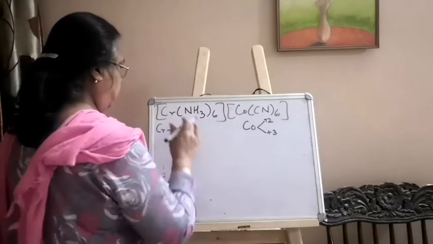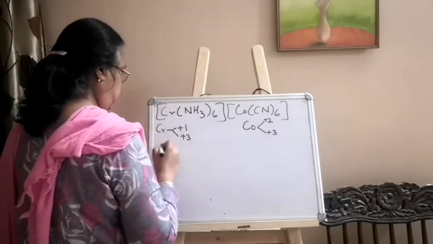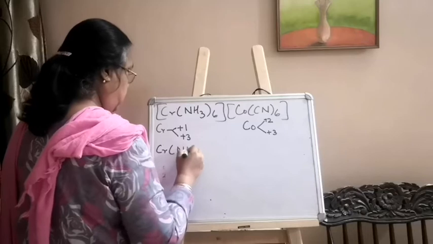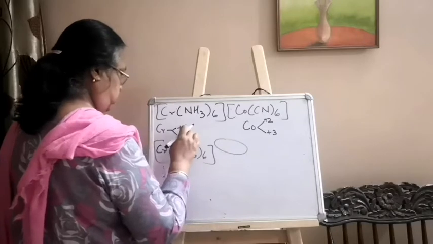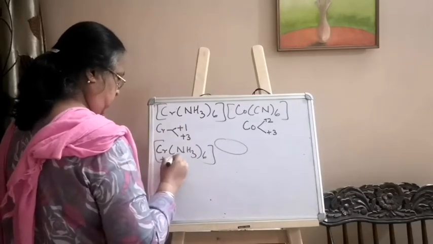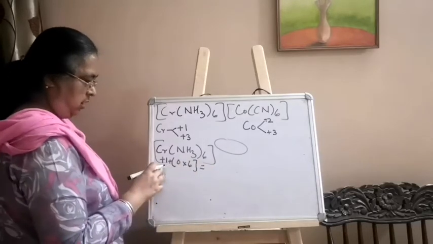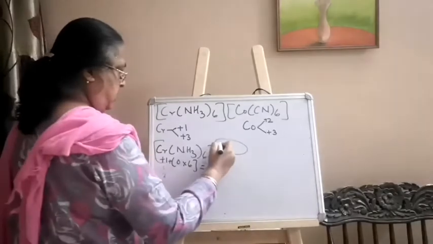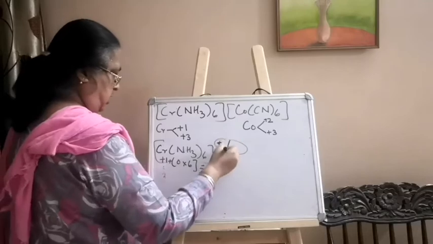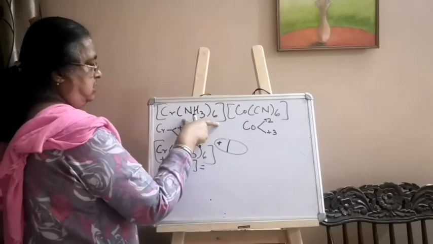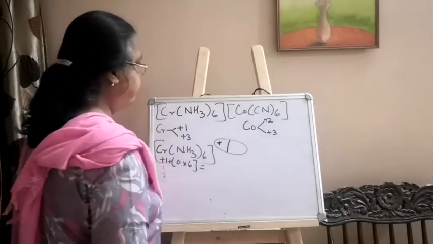Okay, now for this we will find out what is the charge here. So for Cr(NH3)6, if you have to find out the charge, first we will do with +1. So +1 plus 0 into 6 is equal to what it will be? +1. So here it is +1 charge.